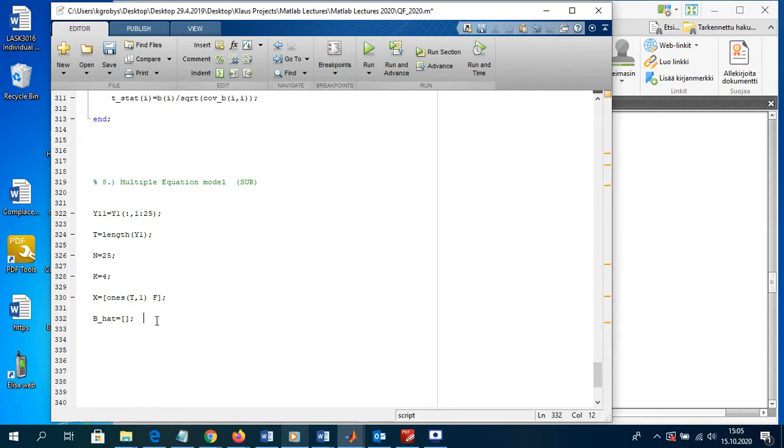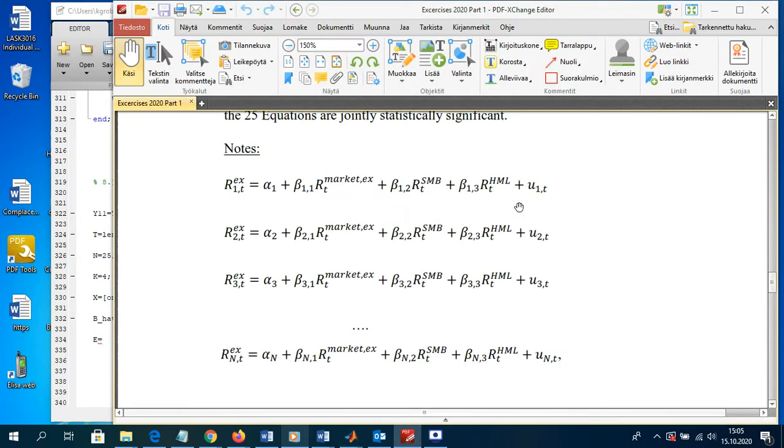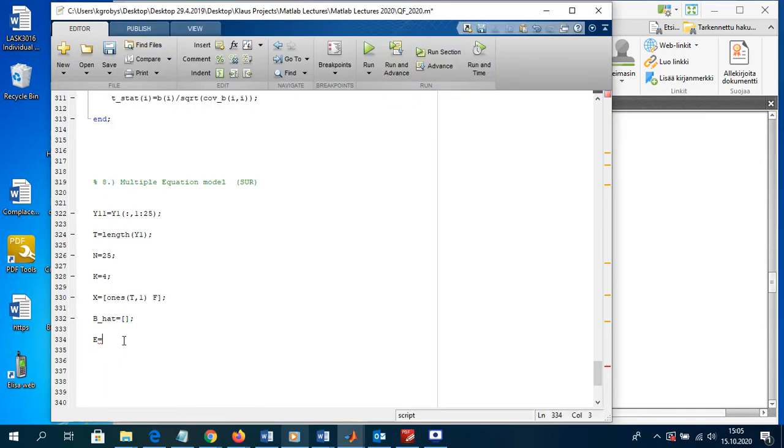So next, what else do we need? We obviously need a matrix where we store, for each single equation, the corresponding residual vector, which has the dimension T by 1, because each single equation has the dimension T by 1.